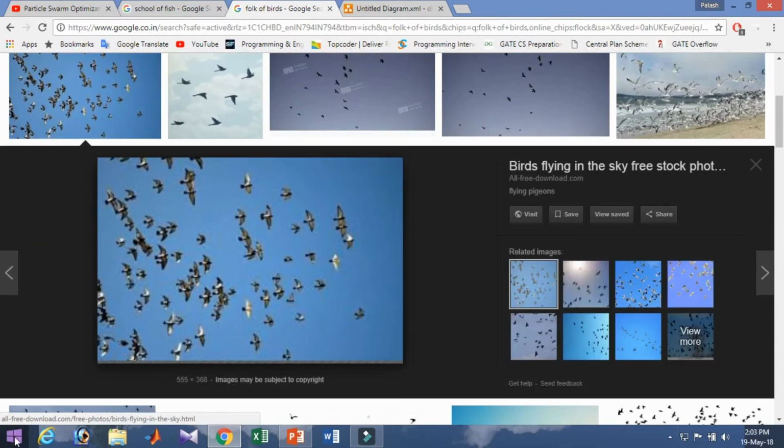Suppose there is a PSO. In this case, they are going from one direction to another to find food or to survive. So how do we reach the optimal solution or the exact position? How will they go? That is the question.